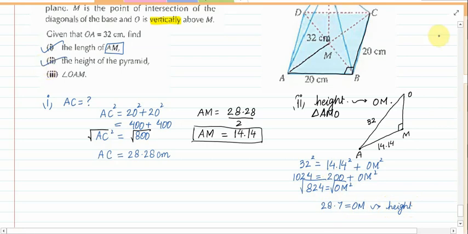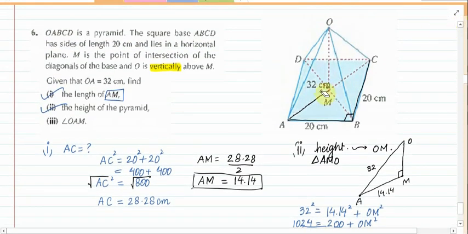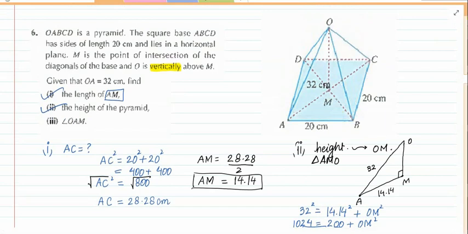Now the last part says find the angle OAM. Now I am going to rub these lines on the figure. It says angle OAM. So basically the triangle is that, our required triangle, right?